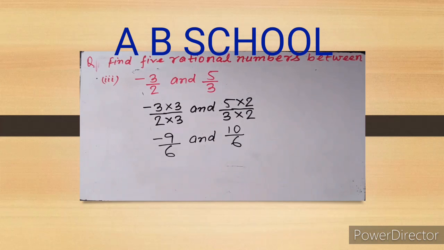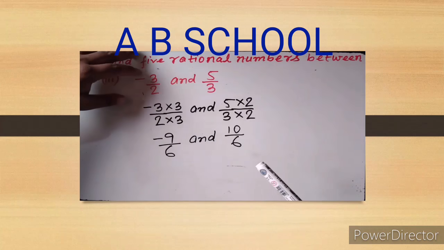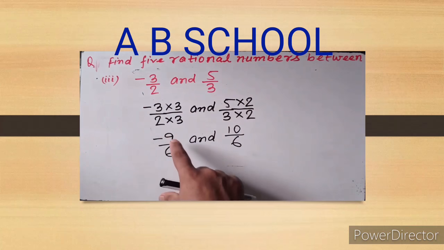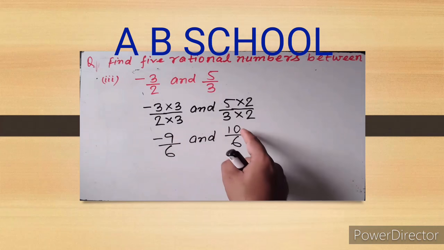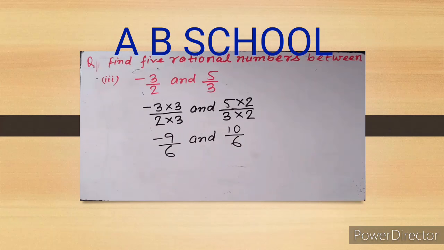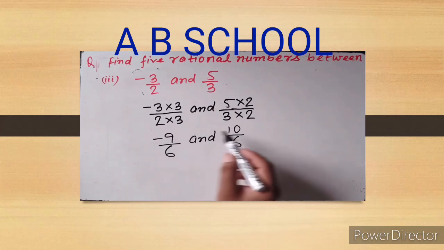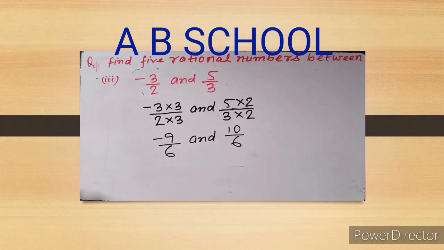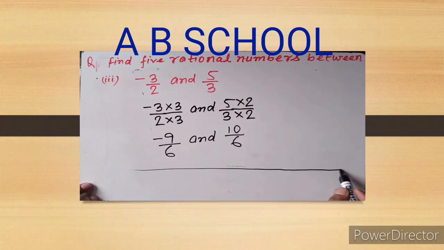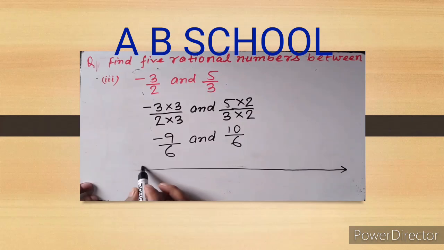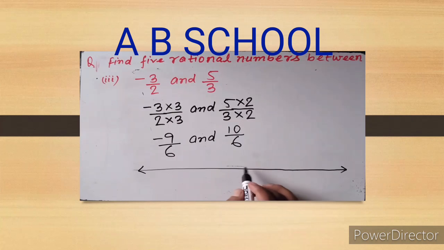So what we have seen over here, we have already equalized the denominators. In the last question, we found 5 rational numbers, so we multiplied both numerator and denominator by 6. But if you see over here minus 9 and 10, suppose this is a number line.